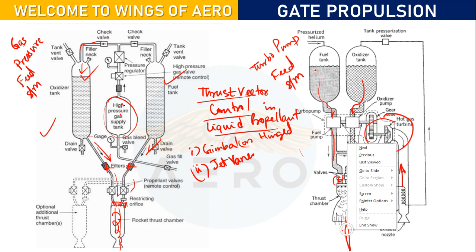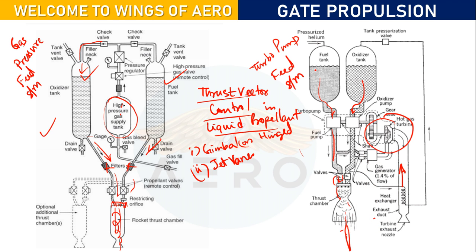Here the thrust chamber will be fixed, but a wing like structure, or airfoil like structure, will have some rotating mechanism which can deflect. So when the jet comes, it will deviate accordingly, right?